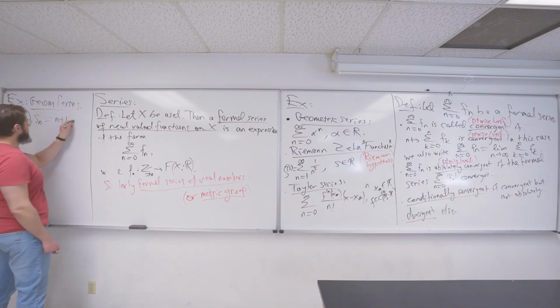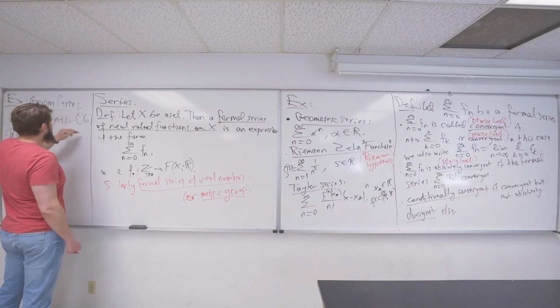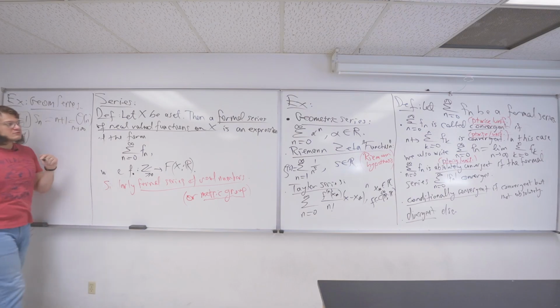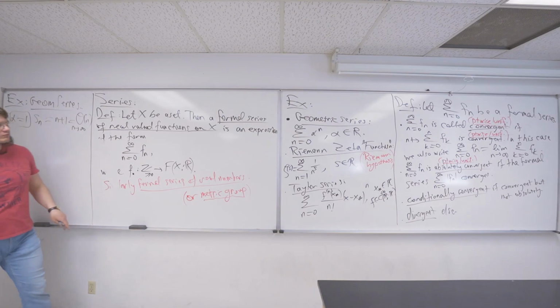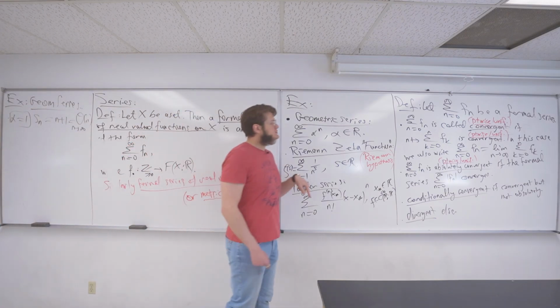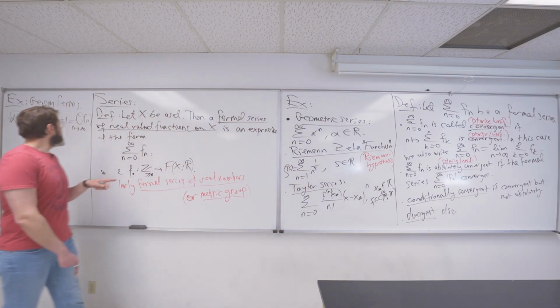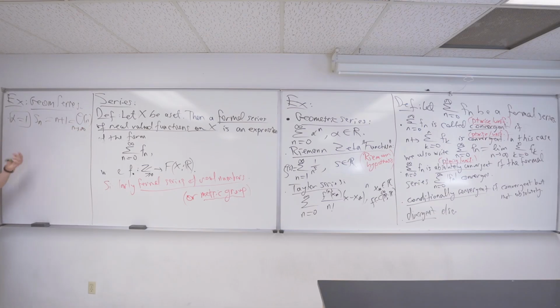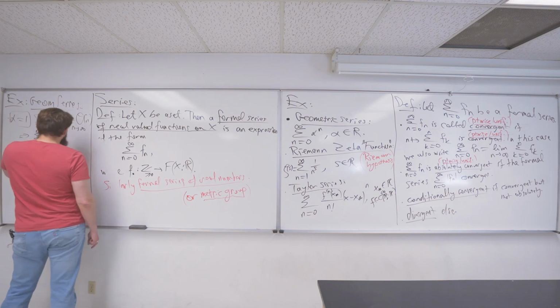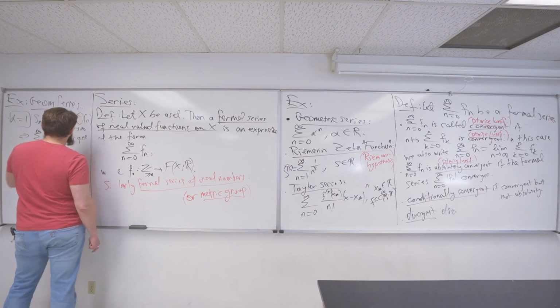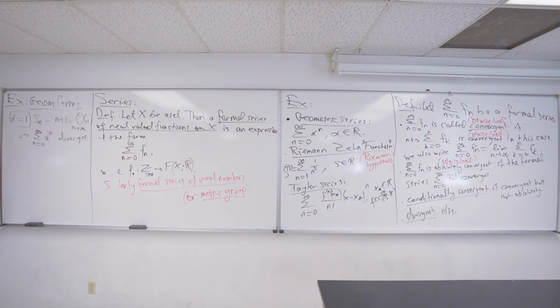In fact, this is big O of n as n goes to infinity. So ultimately, for alpha equals 1, the sequence of partial sums diverges to infinity at a linear order. So the sum of alpha to the n, from 0 to infinity, diverges linearly. It doesn't diverge faster than n.